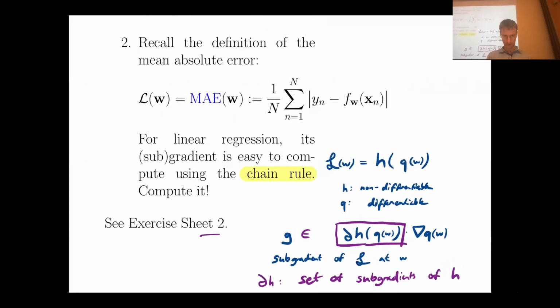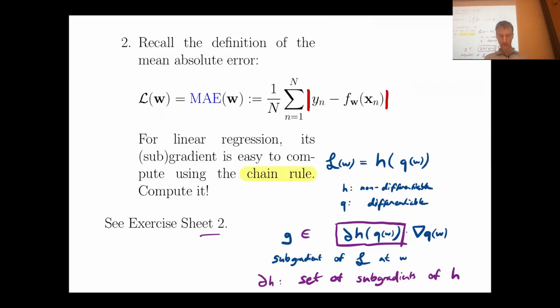Let's apply it a bit, so we can see, or we can already guess, that it's going to be quite useful for machine learning. For example, here it's quite clear. If I want to have mean absolute error, then I'm exactly in such a situation. Here I have my model, whatever it is, and then I take the absolute value of the prediction minus the truth.